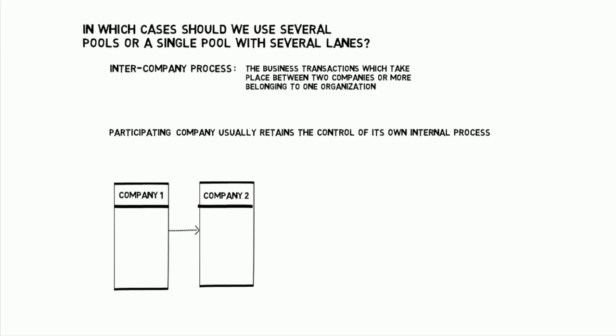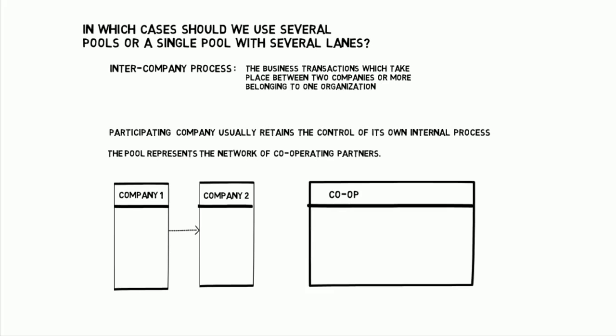On the other hand, there are also cases in which it makes sense to model an intercompany process completely with sequence flows inside one pool. In such a case, the pool represents the network of cooperating partners.